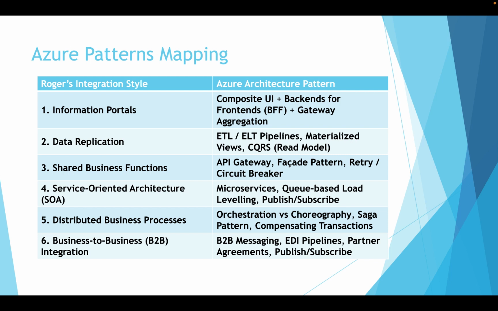We can have a logic app, or something else. If you're thinking about compensating transactions, you might need to use the Saga pattern along with it. Now, the next one is business to business integration. In that scenario, we use B2B messaging, EDI pipeline, partner agreements, and publish and subscribe. So these are the main patterns we use.